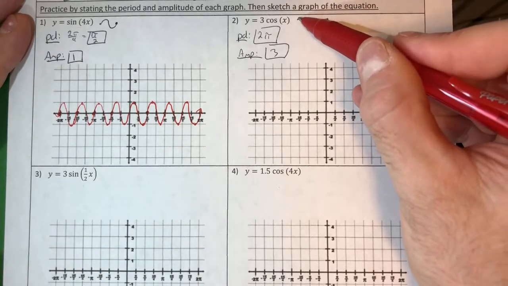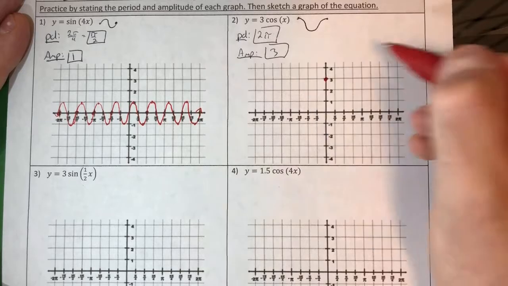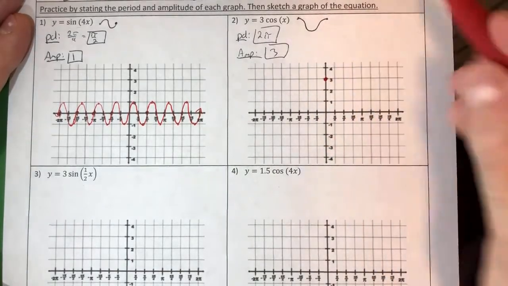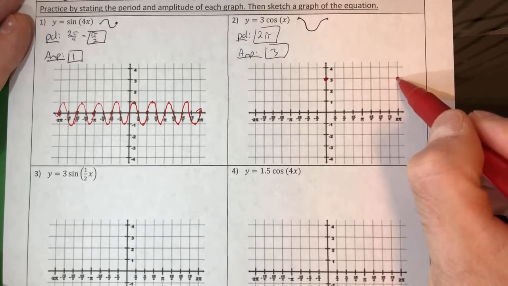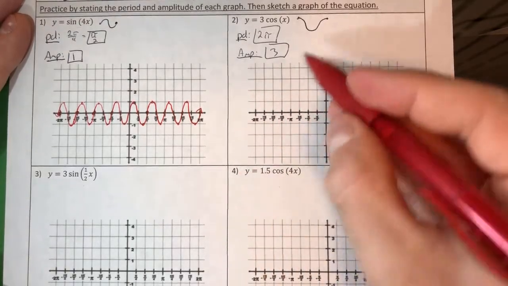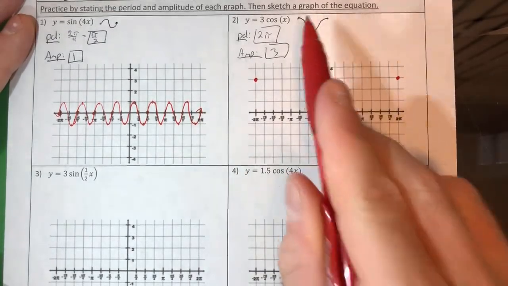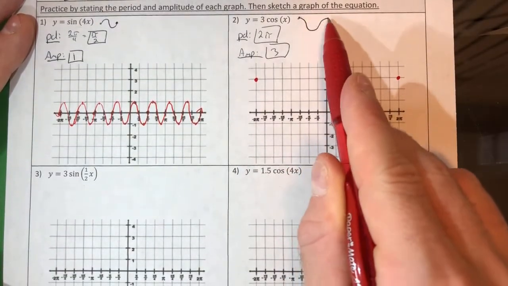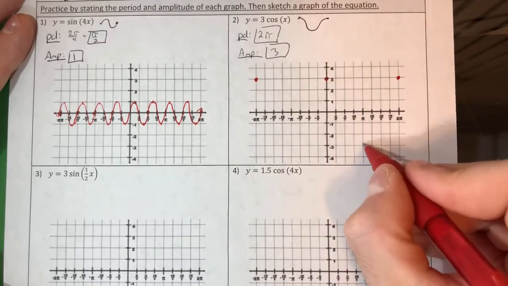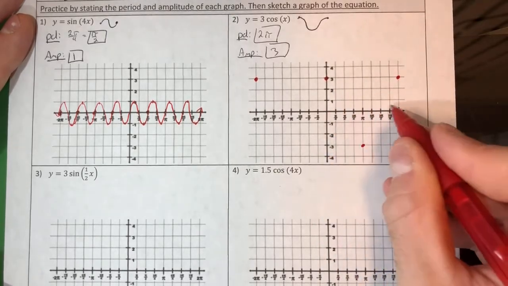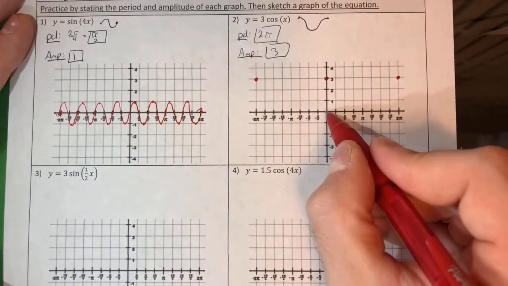So if I start at my top, I know at the very beginning I'm going to be at 3. And every 2 pi units, I'll be back up at the top. Which means directly between those points, I'll be at my bottom value. Directly between 0 and 2 pi is pi. I'll be at the bottom.